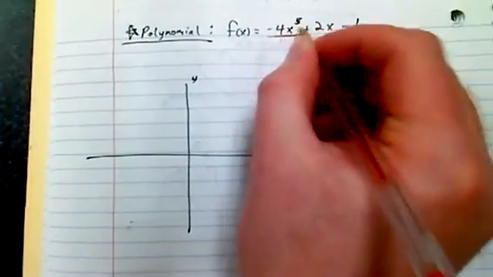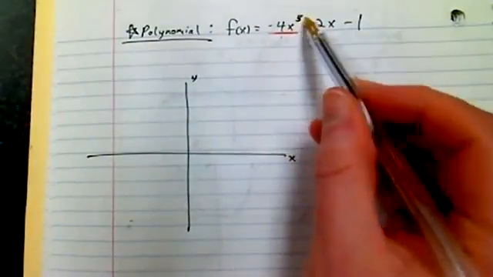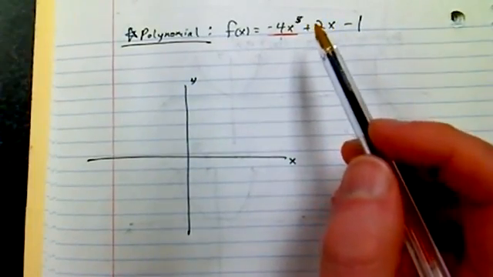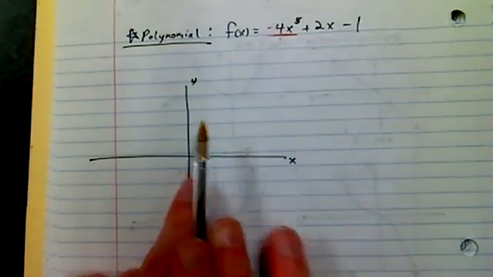It's definitely this one with the highest degree. As x gets very large, these are almost negligible. And that's true with any polynomial function. So that tells us what's happening at the endpoints.